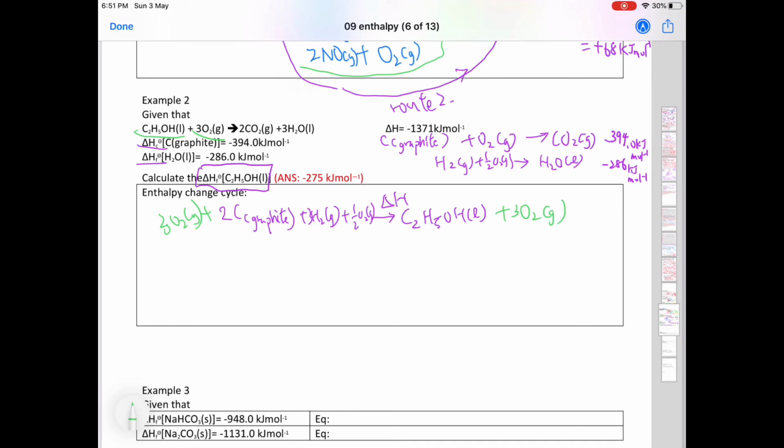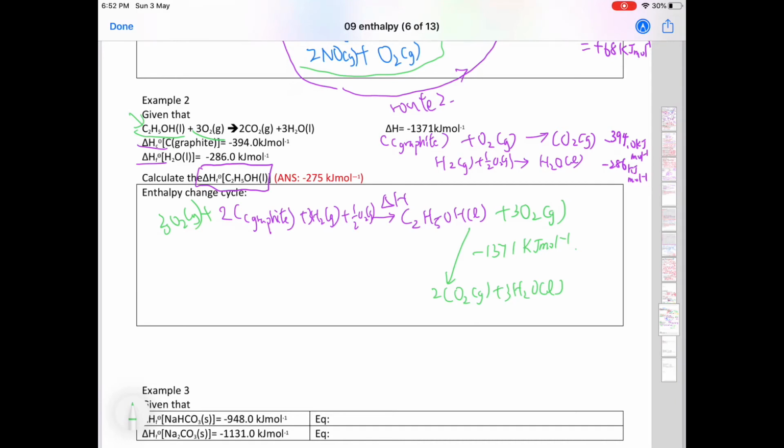So we're starting from the right hand side of it. It will form 2 CO2 gas with 3 H2O liquid. Then write down the corresponding enthalpy change. And up to this moment, we can say that the first information has been used already. It's okay.